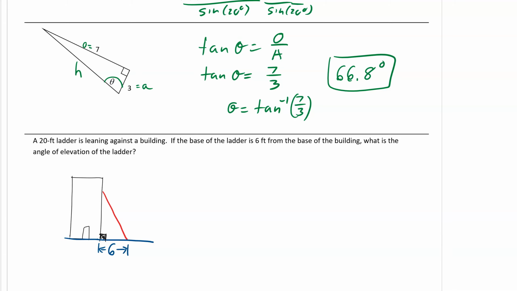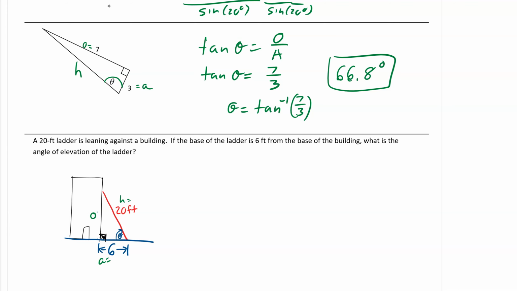What is the angle of elevation of the ladder? So we also know that the ladder is 20 feet long. Angle of elevation is always with the horizontal, like that. So that is our theta. So if we mark everything, this is opposite, this is adjacent, and this is hypotenuse.